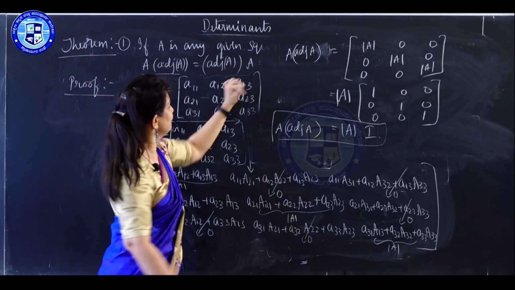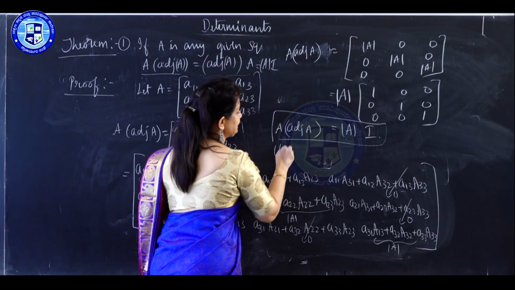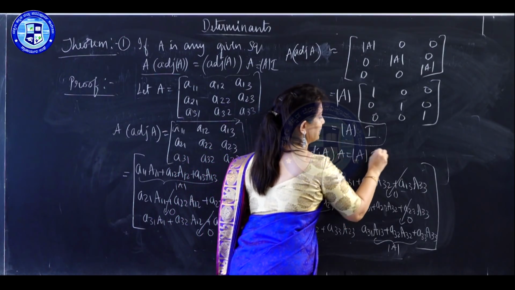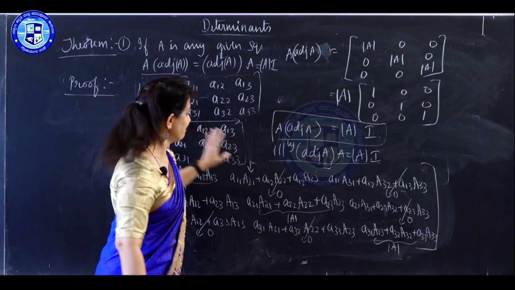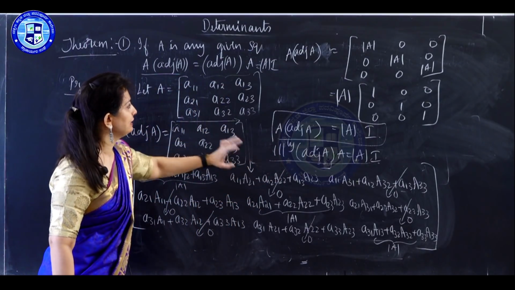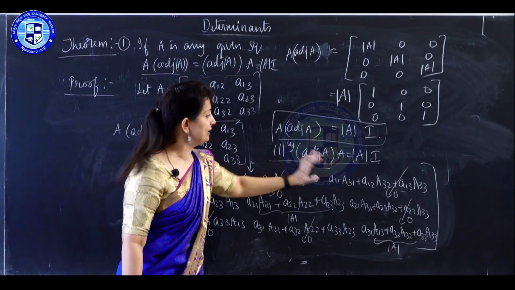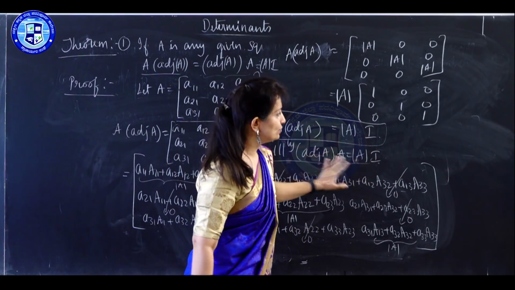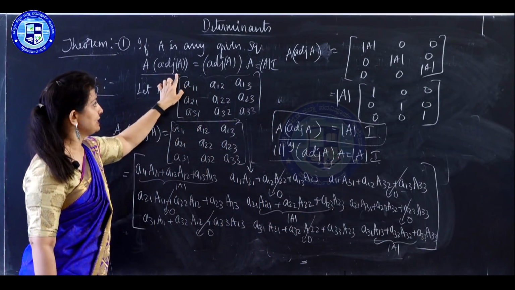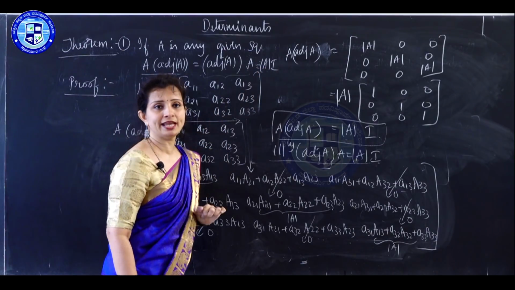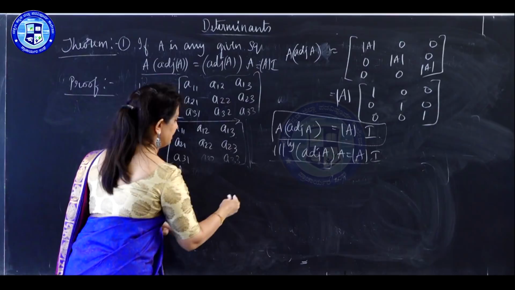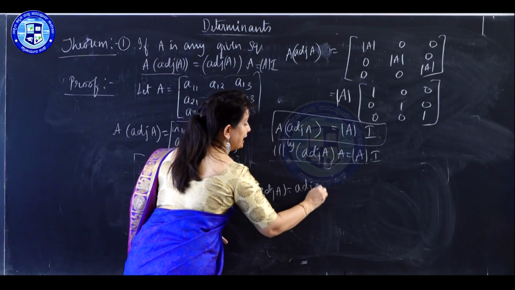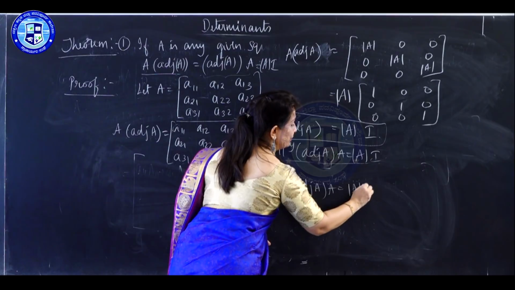Similarly, we can say adjoint A into A is equal to determinant A into I. Same way, if you first write adjoint A, then write matrix A, and multiply, we will get the same, determinant A into I. So the two together, we can write this as A into adjoint A is equal to adjoint A into A is equal to determinant A into I. Therefore, we write the conclusion: A into adjoint A is equal to adjoint A into A is equal to determinant A into I.